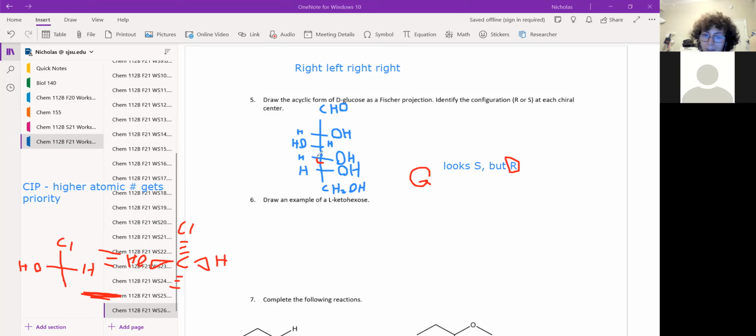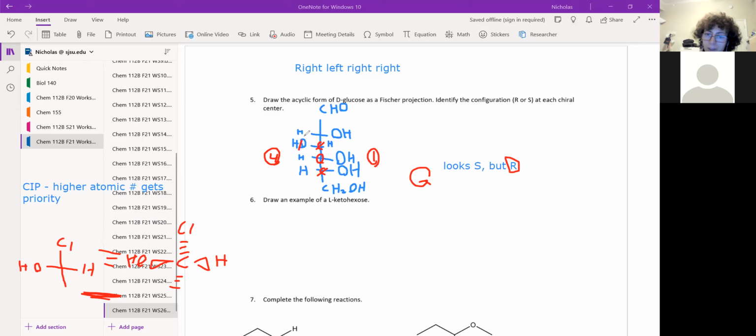Now we'll look at this one. Number 1 and number 4 are always the easiest to identify because one of them is probably a hydrogen, the other one is something like an alcohol or a nitrogen. And then again, you can use the same ideas to figure out which side is 2 and which side is 3. So on the top, you have these 2 carbons, you can cancel those out.